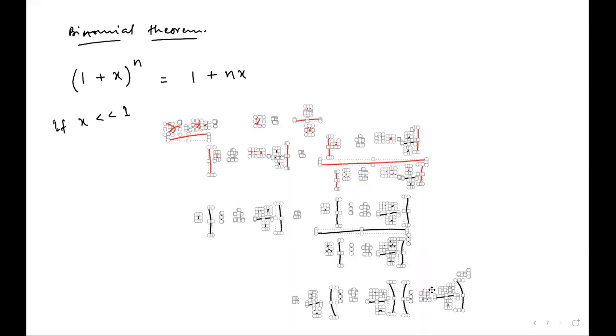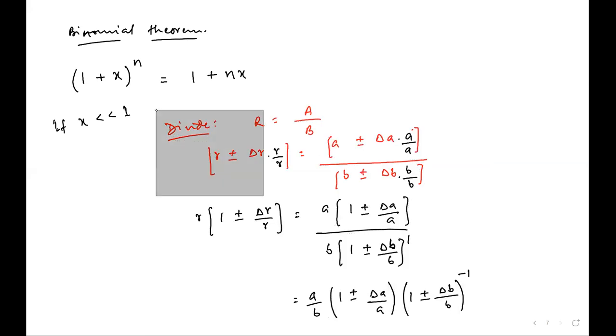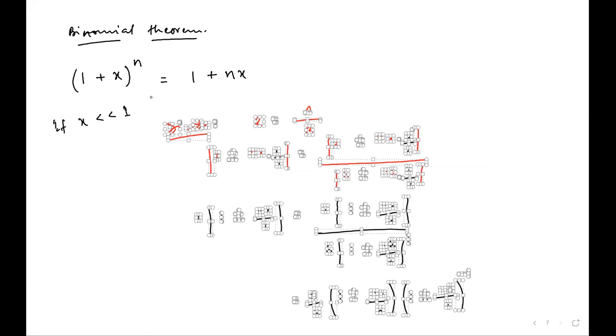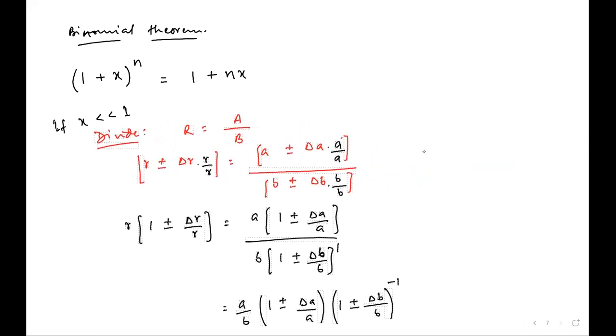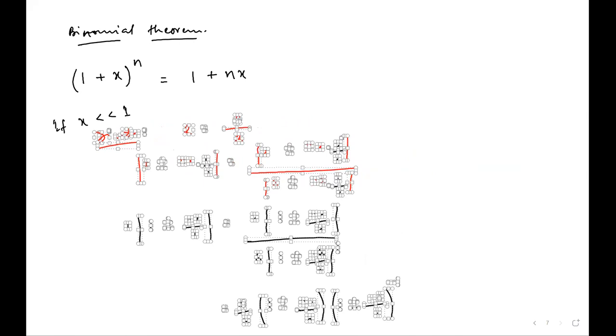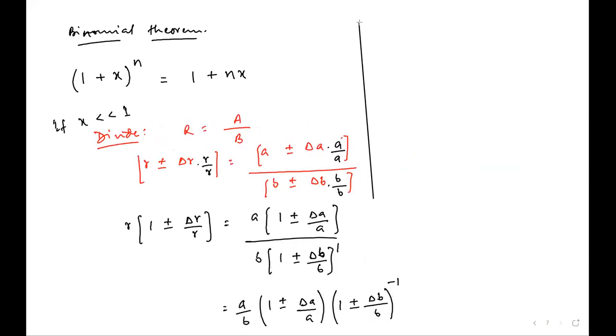According to the rule of exponential, now if you apply this particular term using binomial expression, this minus 1 would multiply with this part.